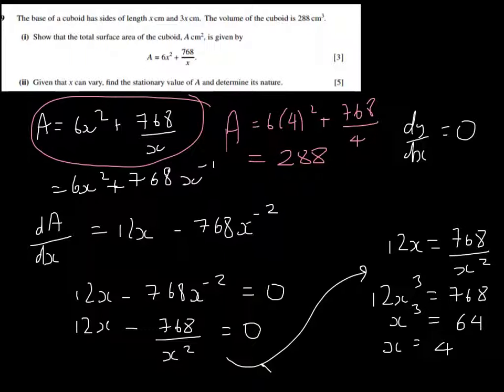And what I need to do now is determine what the nature of that stationary value is. Is it a minimum? Is it a maximum? And to do that, I'm going to use the second derivative.